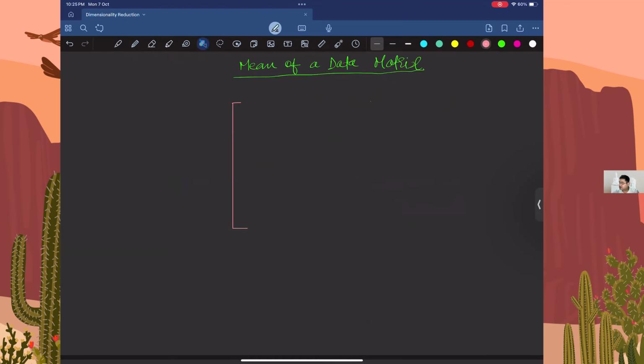If you want, you can also draw along with me. It looks something like this. So this is my data matrix.